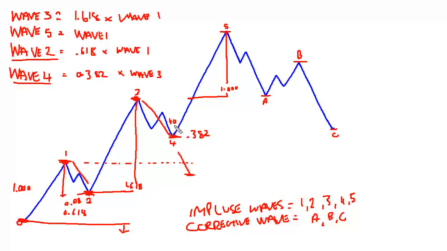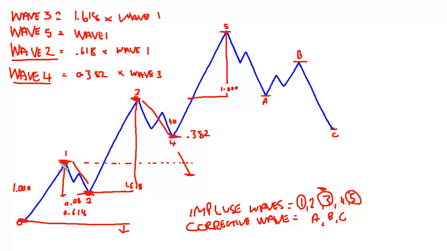So our third rule is that out of the impulse waves 1, 3 and 5, wave 3, this one here, can never be the shortest. So this one from wave 2 to wave 3, that distance can never be the shortest one.